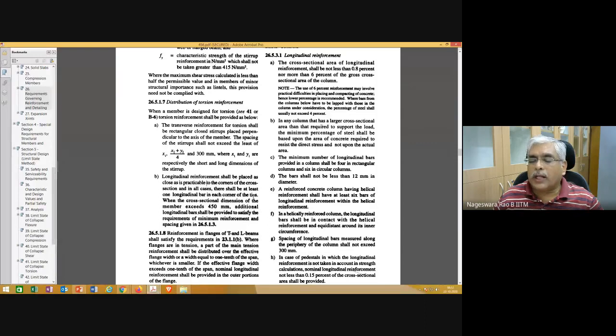Each corner you should have one longitudinal bar. When cross-sectional dimensions of the member exceed 450 mm, usually if the depth exceeds 450 mm or even the width exceeds 450 mm, additional longitudinal bars shall be provided to satisfy requirements of minimum reinforcement.